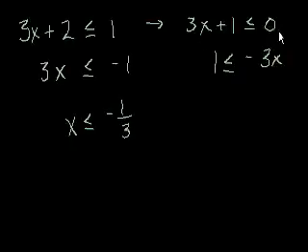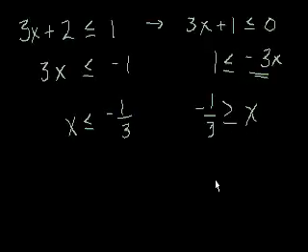I subtracted 3x from here, so I have to subtract 3x from here. Now I would have to divide both sides by a negative number, because I'm going to divide both sides by a negative 3. So I get negative 1/3 on this side. And based on what we had just learned, since we're dividing by a negative number, we want to swap the inequality, right? It was less than or equal. Now it's going to be greater than or equal to x.